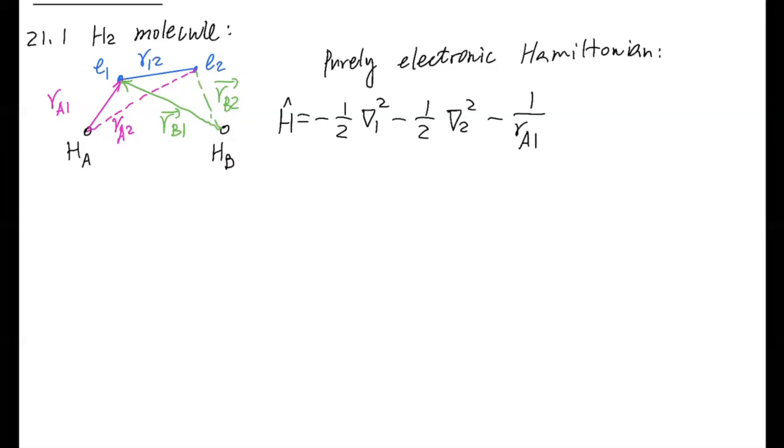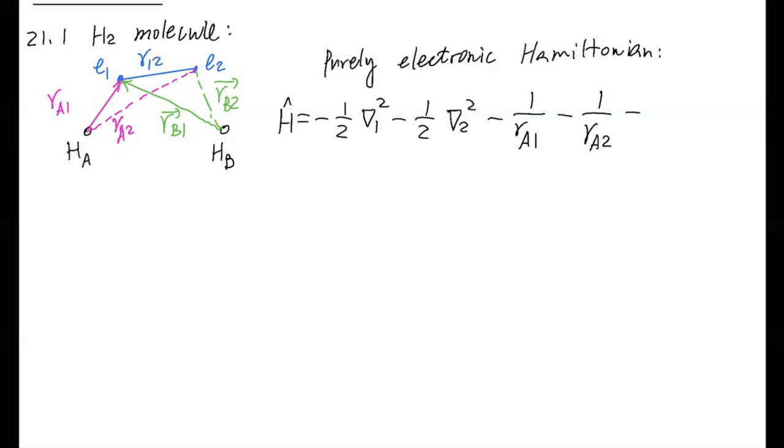This is the interaction between E1 and proton A, which is an attractive potential. And another attractive potential between electron 2 and proton A, so you have minus 1 over RA2.